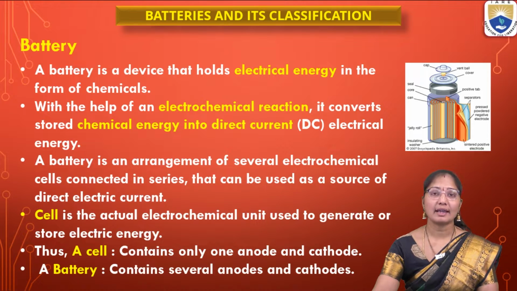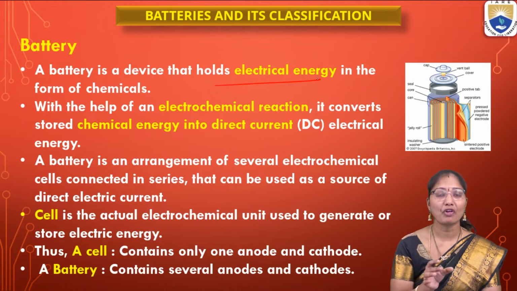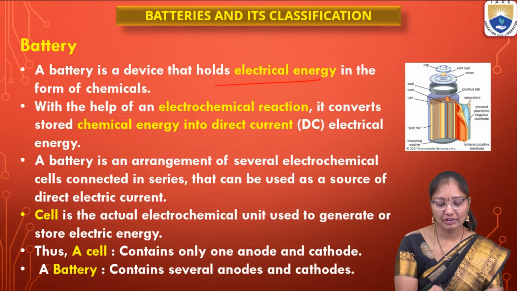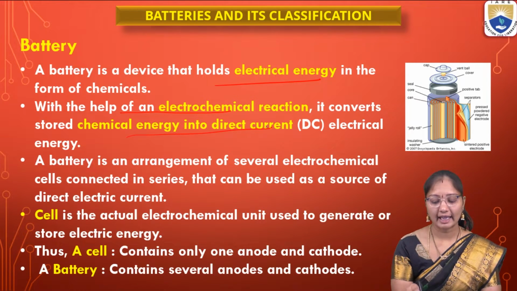So first thing is a battery. What is a battery? A battery is a device that holds electrical energy in the form of chemicals. With the help of an electrochemical reaction, the energy stored in it is converted into direct current.